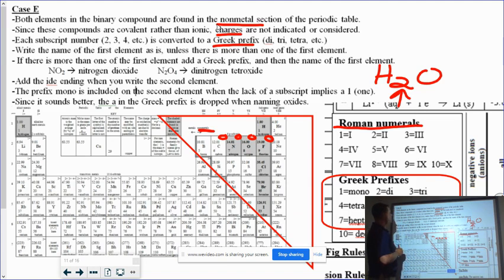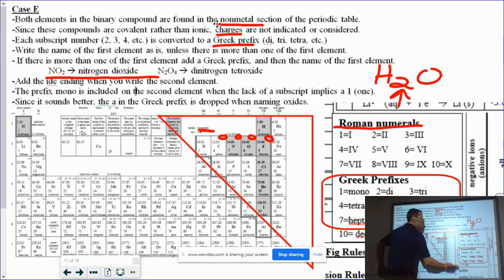It says write the name of the first element as is, unless there's more than one of that element. Write the second element, add a Greek prefix to it, and then the ending name of that first one. So it gives you 2 examples. NO2, nitrogen dioxide.